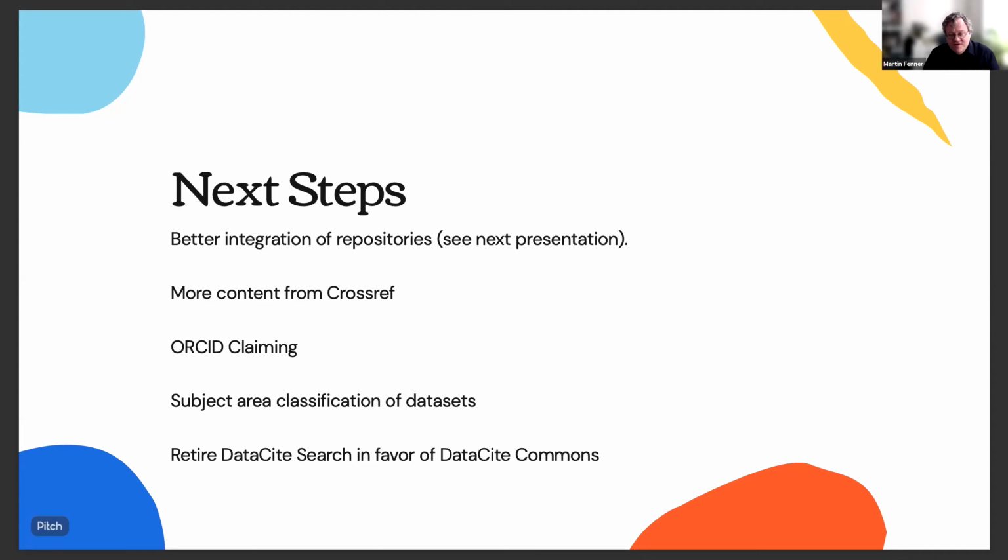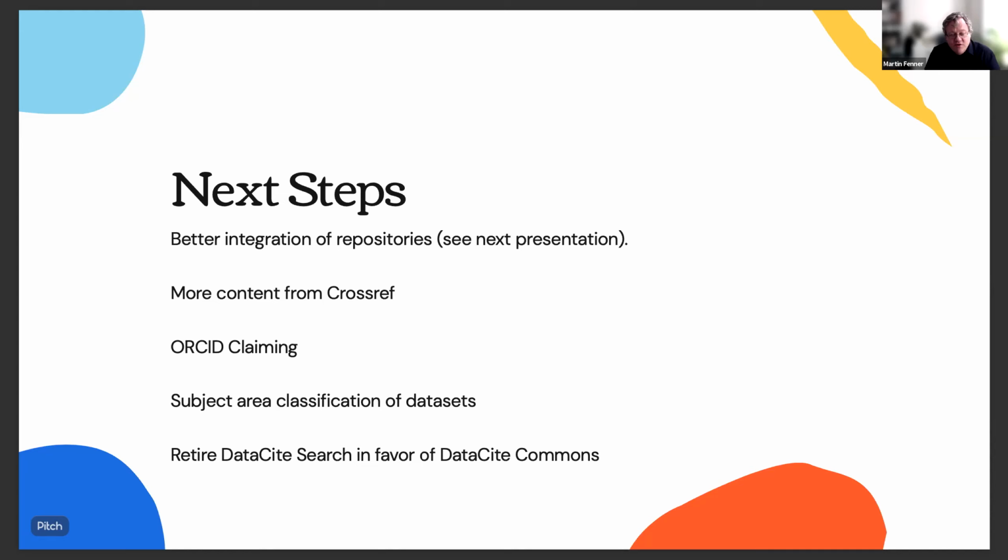We touched on repositories, and the next presentation will go into more detail. From the content types we currently have, the biggest gap is Crossref. That's because there are so many DOIs, and it's not just integrating the federated search, but we actually have to import all the metadata and convert it to the dataset schema so that we can have a single search index.